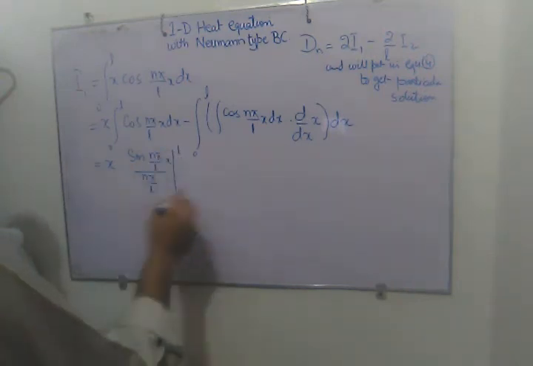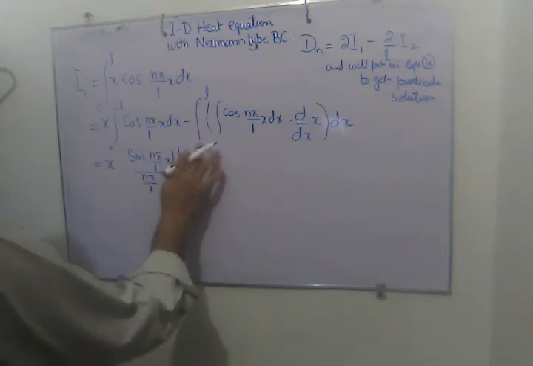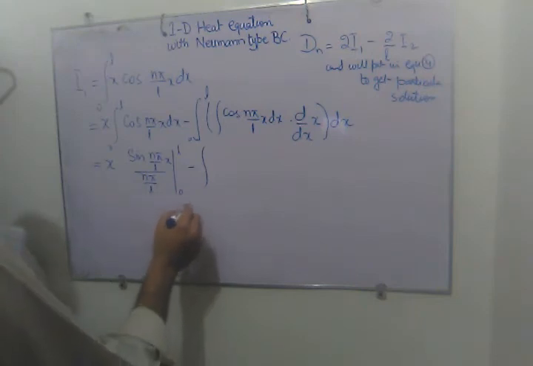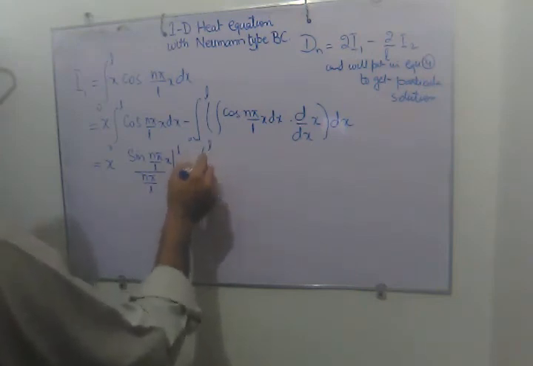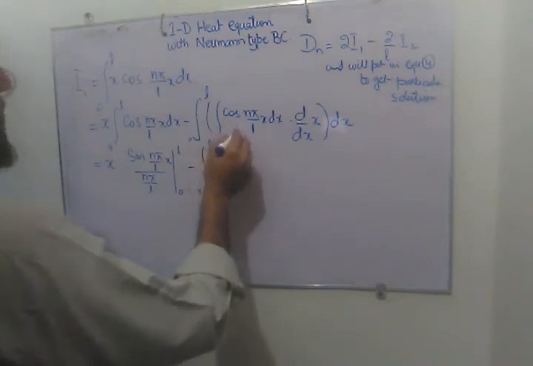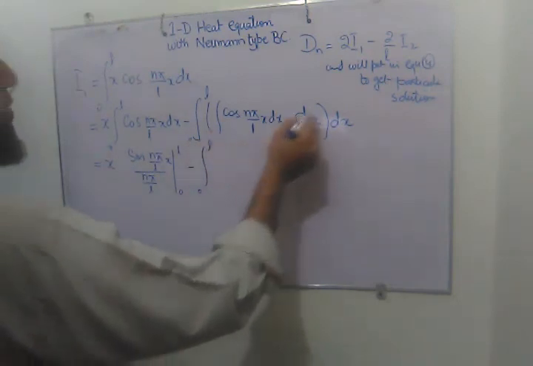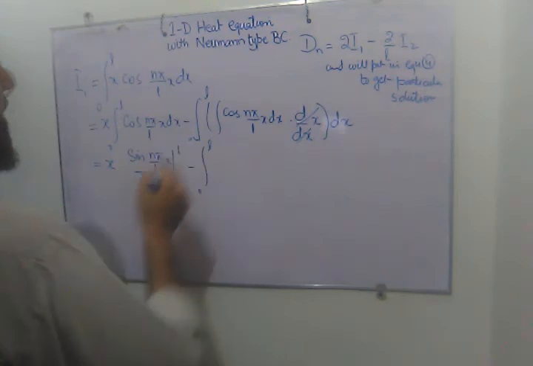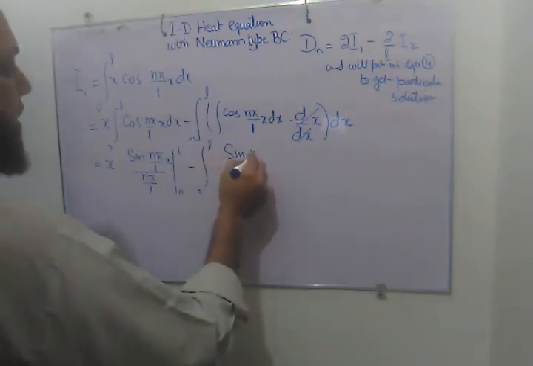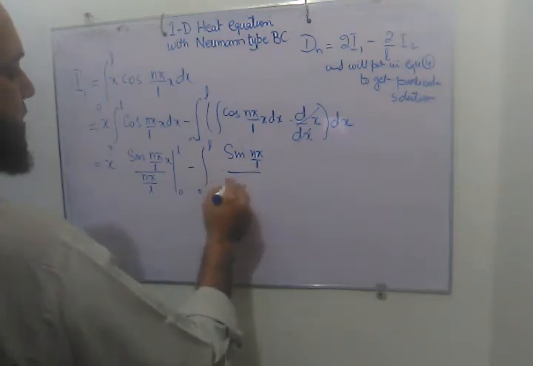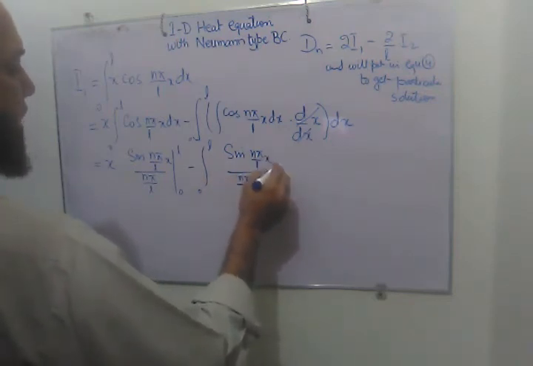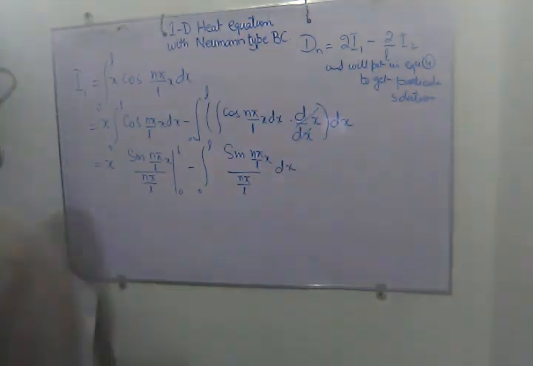Minus integral 0 to L, the integral of the bracket term, the derivative of x, becomes 1, and the integral of cos is again sine n pi upon L x over n pi upon L, dx.